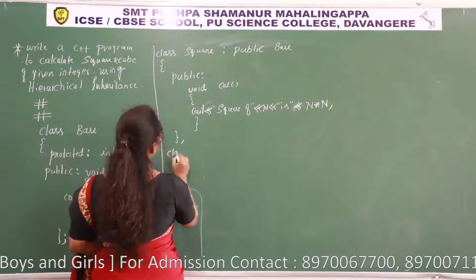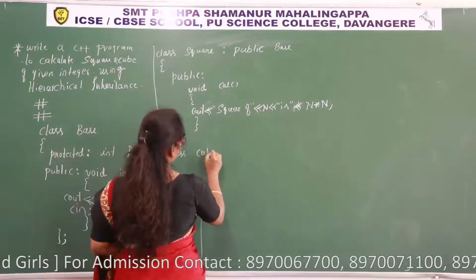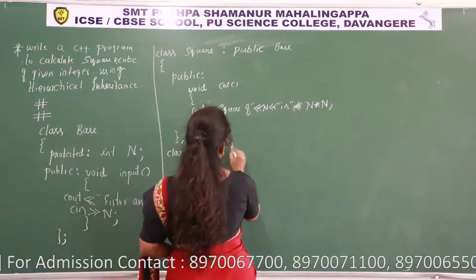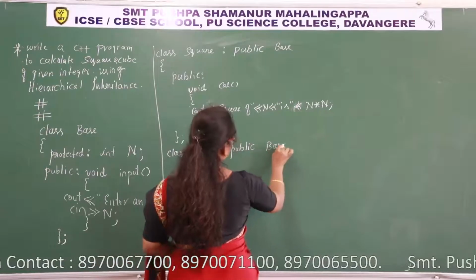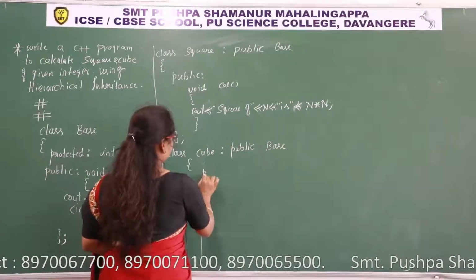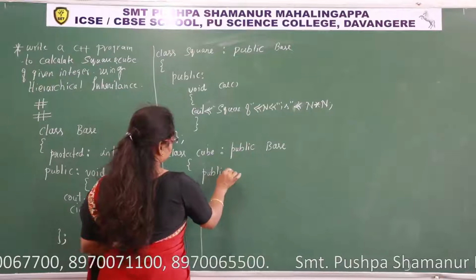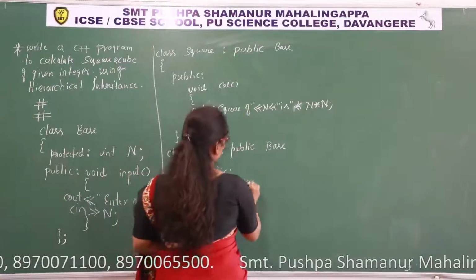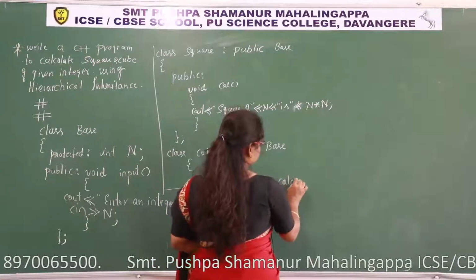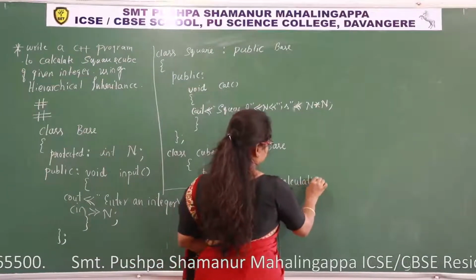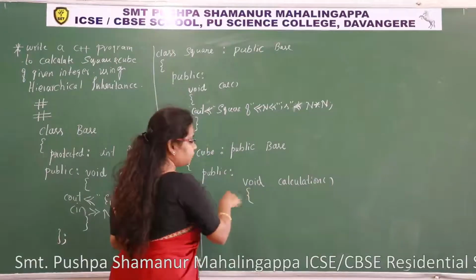Class cube: public base. In the public section, I'll take a function void calculation, open flat bracket.